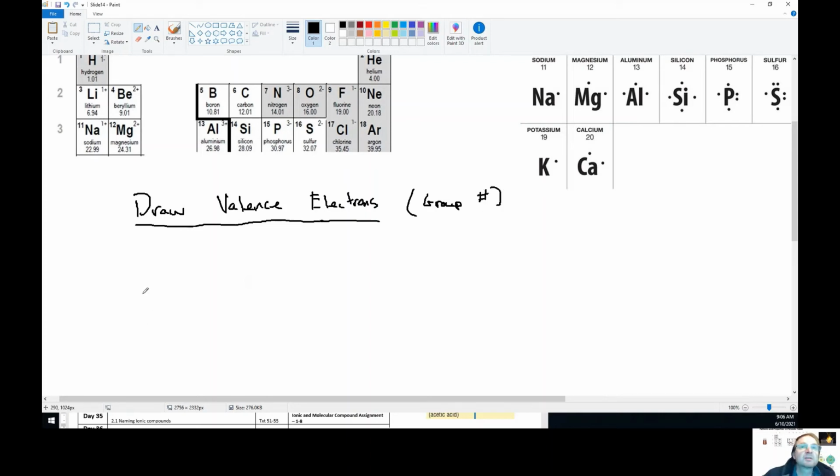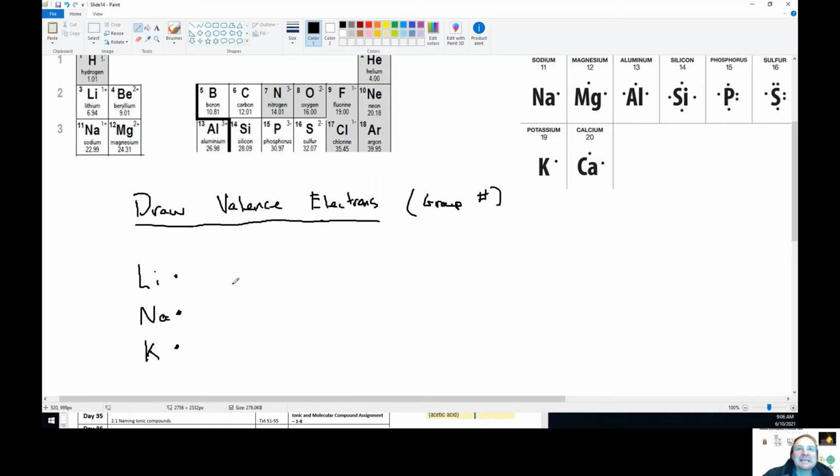and let's start with lithium, and I'll put my periodic table right beside me here, and lithium has just got a single dot. Okay, let's do a few more in group 1. Sodium, it's just got a single dot. That's its valence electron, that little dot there. Let's do potassium, single little dot.